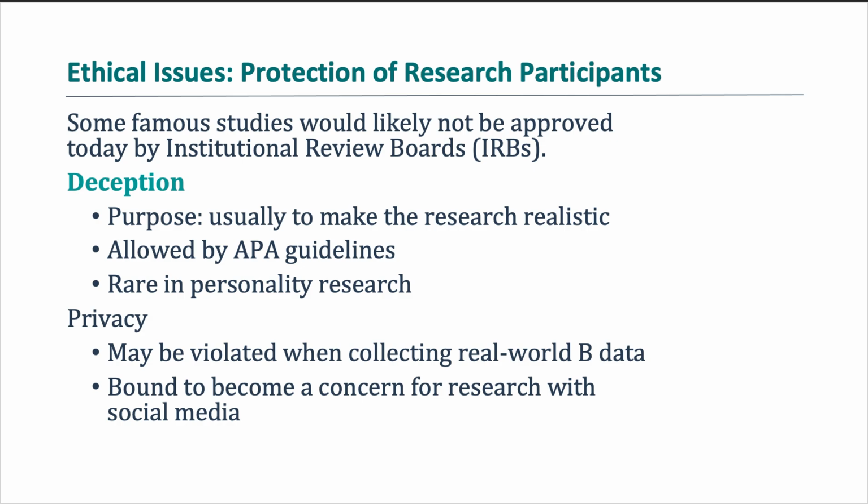For example, some famous studies like Milgram's obedience studies, or Zimbardo's prison study, those were very ethically, let's say, for lack of a better word, gray at best. And so we have IRBs that must approve our research done by university scientists.